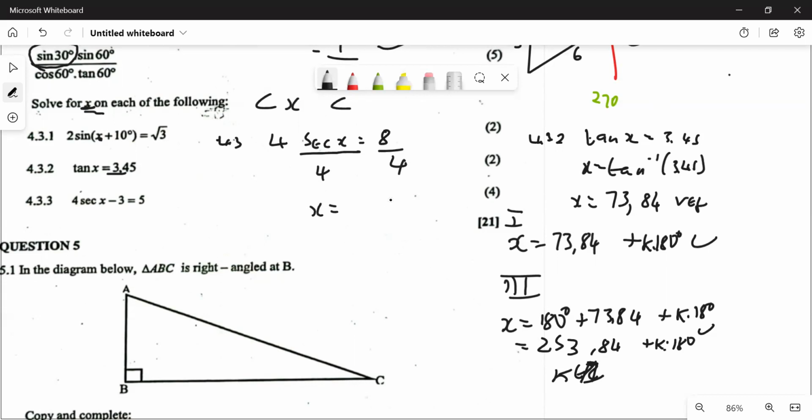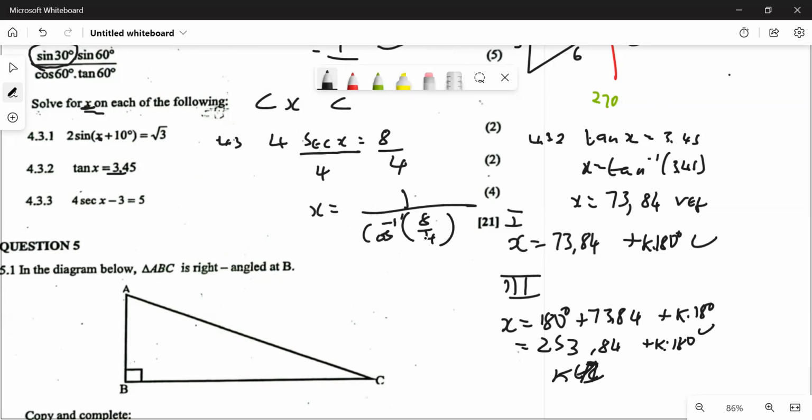What are you going to say? Reciprocal, yes, sec is the reciprocal of course. So what you are going to look for here is not the cos arc, but 1 all over the cos arc of 8 all over 4.